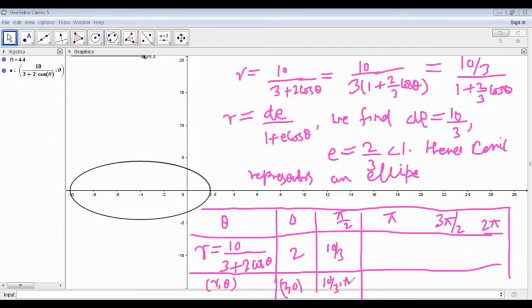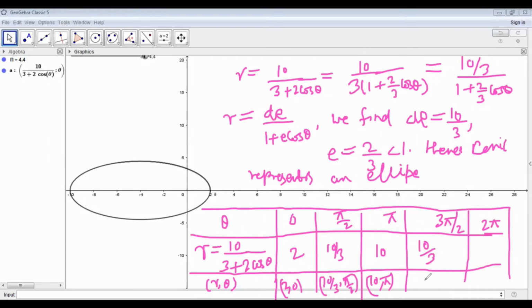For theta equals pi, cos pi is minus 1, so r equals 10, and the coordinate is (10, pi). For theta equals 3 pi by 2, cos is 0, so r is also 10 by 3.